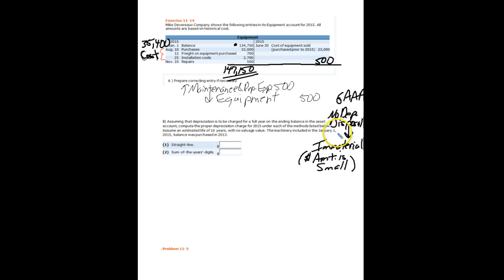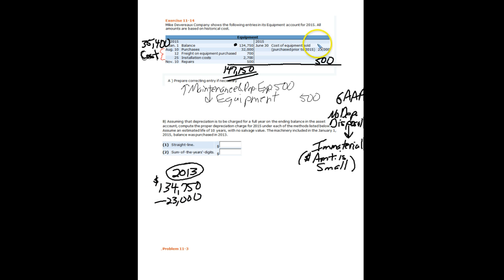Okay, so we're going to need to remember that no depreciation in the year of sale. So we need to record depreciation expense for 2015. We've got merchandise here that was purchased in 2013. That $134,750 was purchased in 2013, and then we sold $23,000 of it, right?